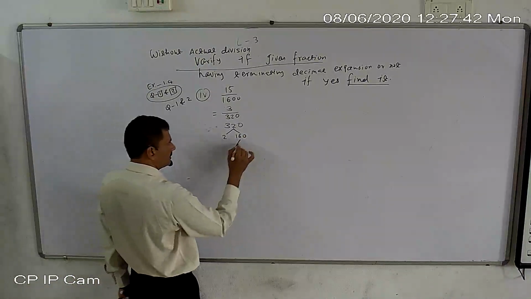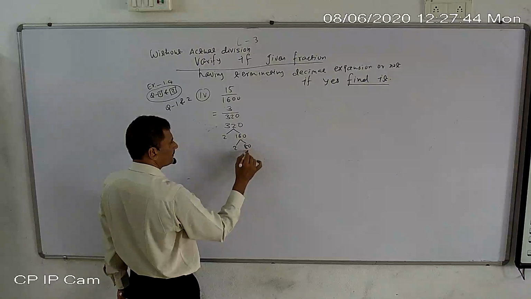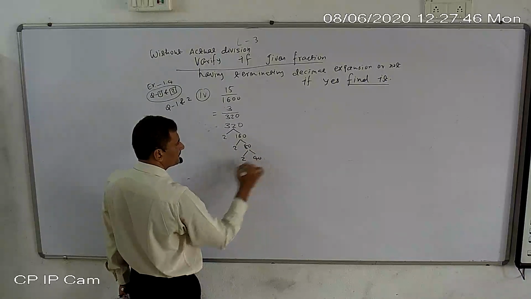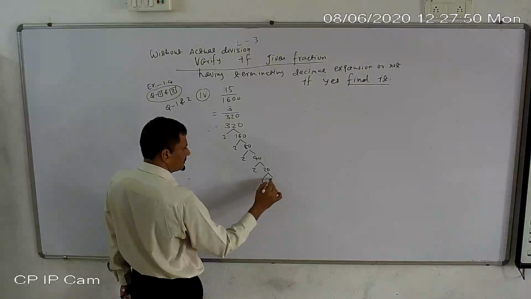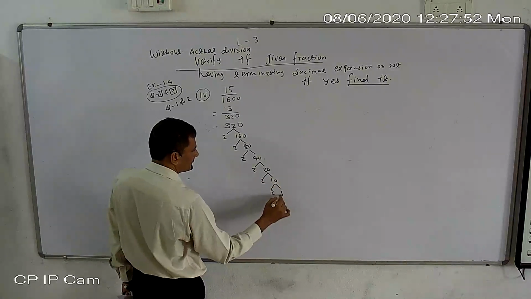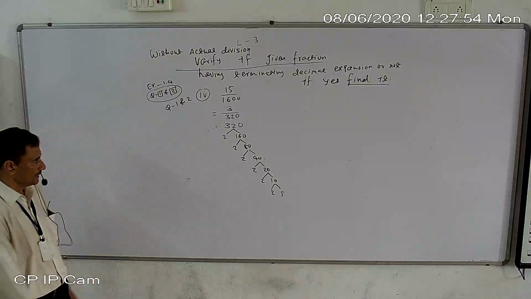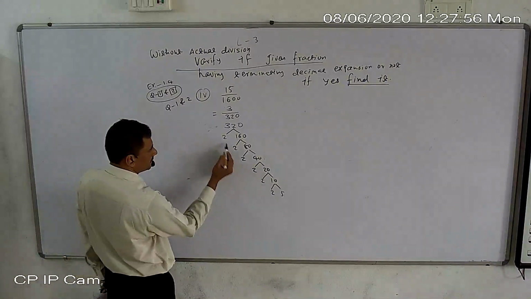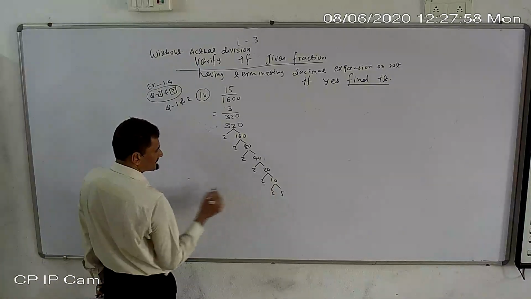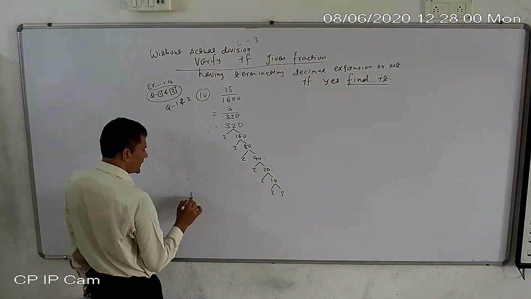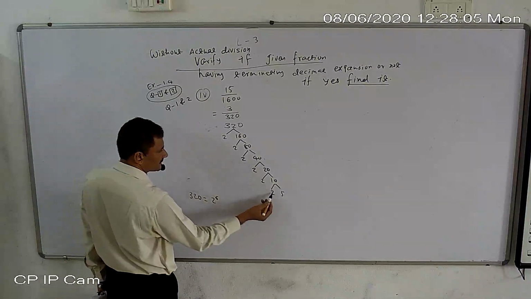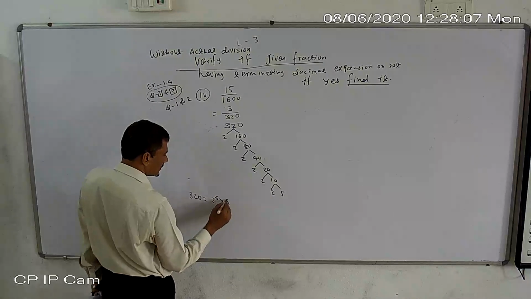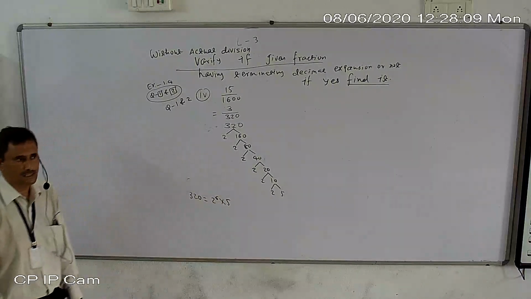Then again 2 into 80, 2 into 40, 2 into 20, 2 into 10, 2 into 5. So the prime factorization becomes: 1, 2, 3, 4, 5, 6. So 320 is equal to 2 raised to 6 into 5. So total 7 factors are there.